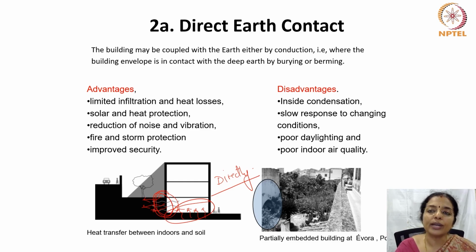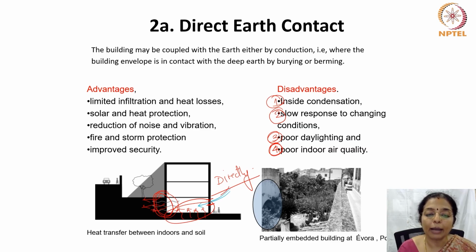It also has some disadvantages. The first disadvantage is it has condensation issues. It can give slow response to changing conditions. It gives poor daylighting because it's buried in the soil. Also, indoor air quality can be poor because if you open this, then cold draft will come in.